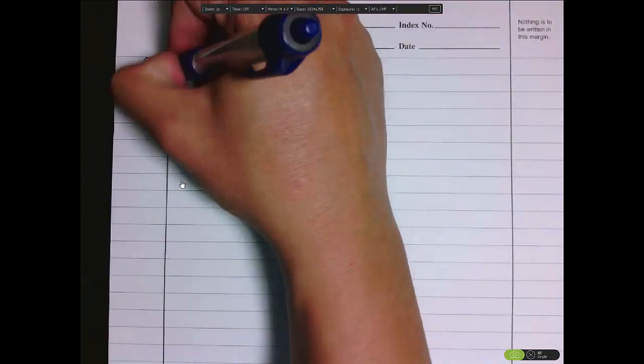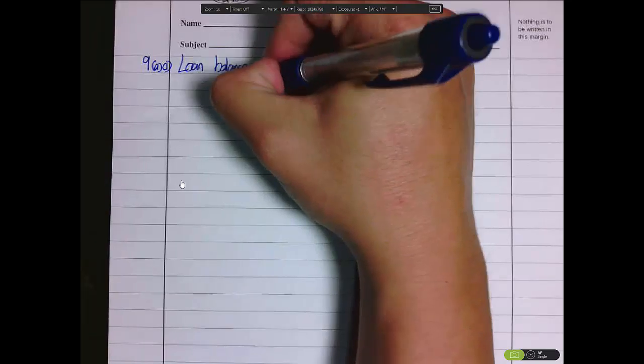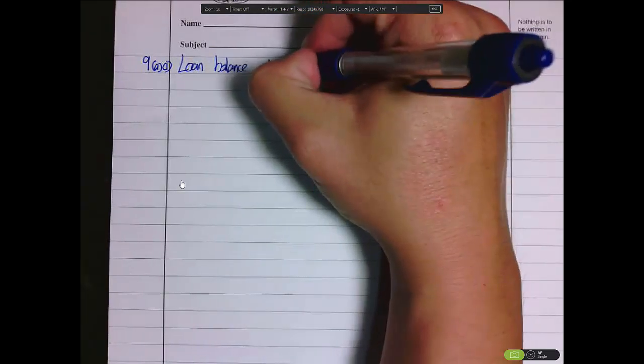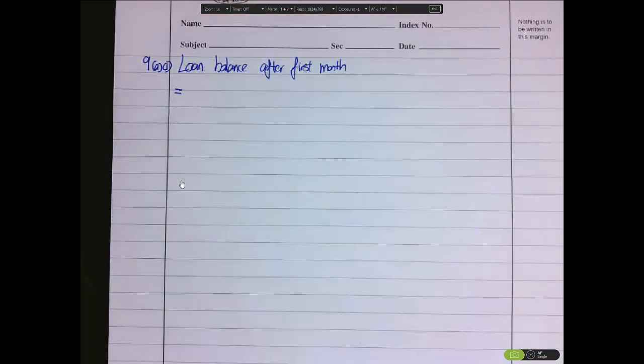9A part 1. First and foremost, we can talk about the loan balance after the first year. Notice that if it's 7% annually, it means that at the end of each year you pay 107% of that principal amount.